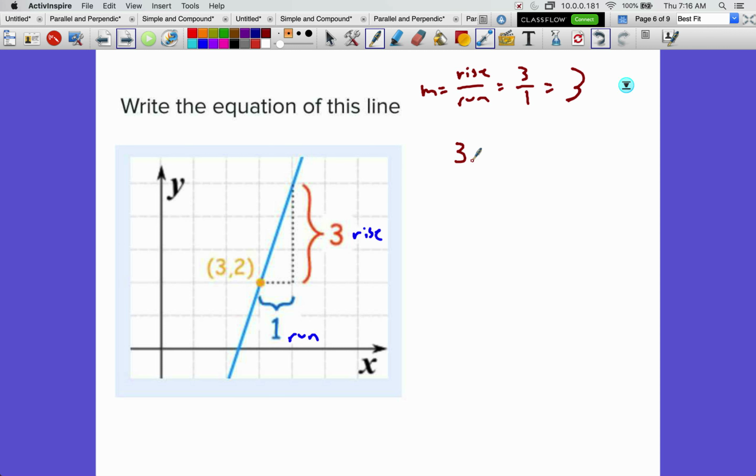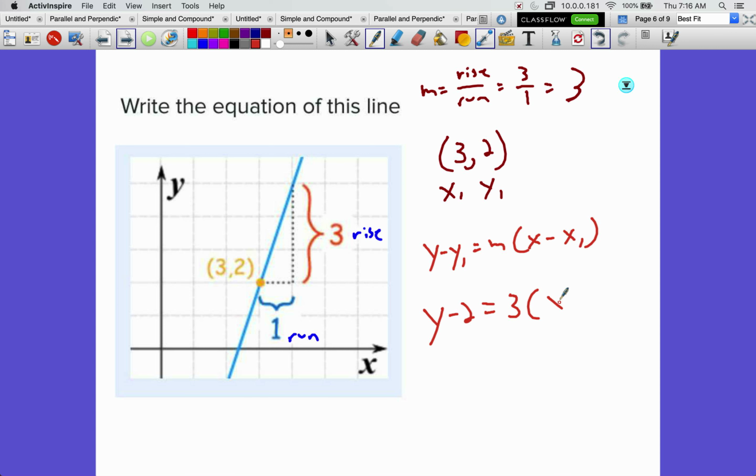And then 3 comma 2 can become our x1, y1. Now we have everything we need to plug it into the formula. y minus y1 equals m times x minus x1. So y minus 2 equals 3 times x minus 3.